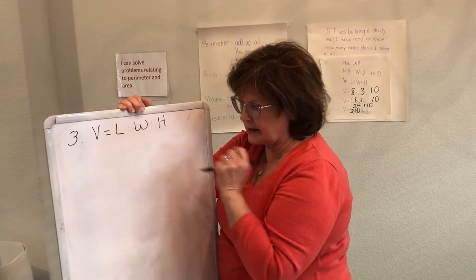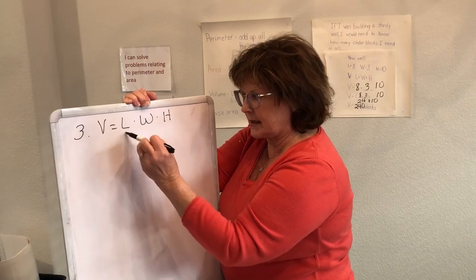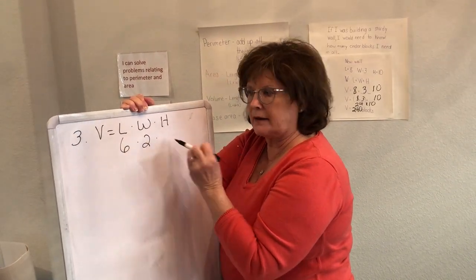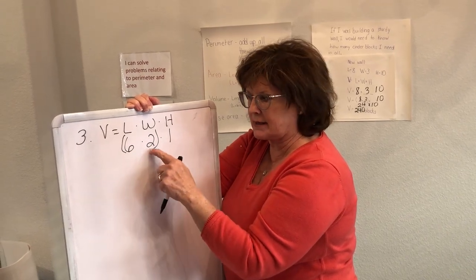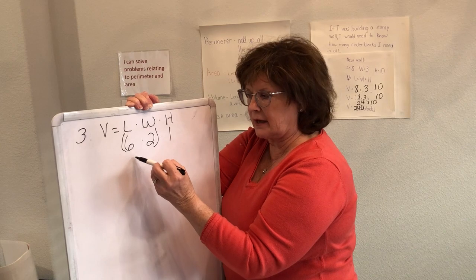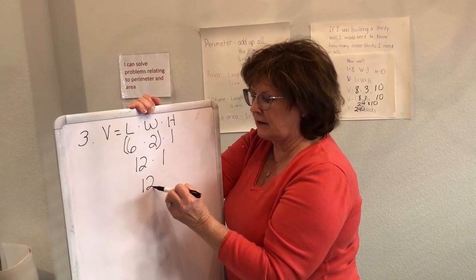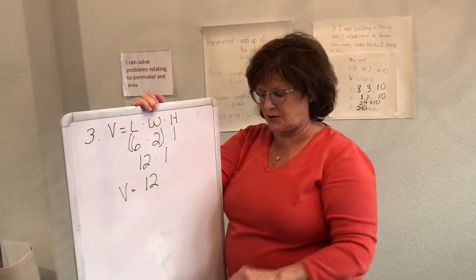So the length, Elisha, the length is 6. The width is 2, and the height is 1. So our base area is 6 times 2, Micah, 12, and 12 times 1, Adeline, correct, 12. So the volume of that second shape is just 12.